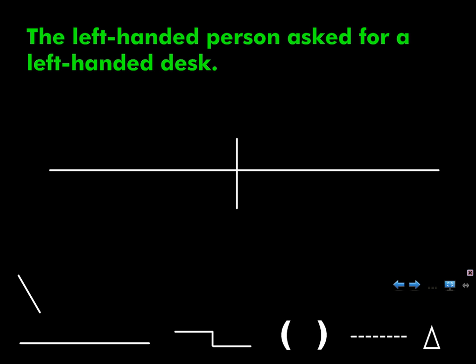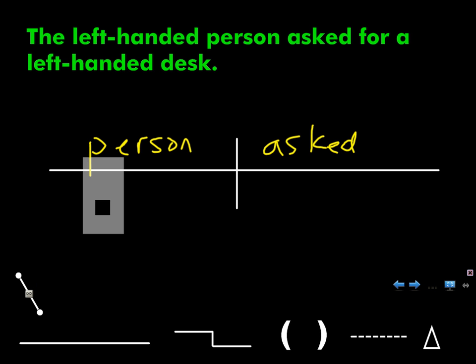Trevor, what is my simple subject? Person. Correct. What is my simple predicate? Asked for. Just asked. That's correct. Simple subject is always one word, unless it's a compound.